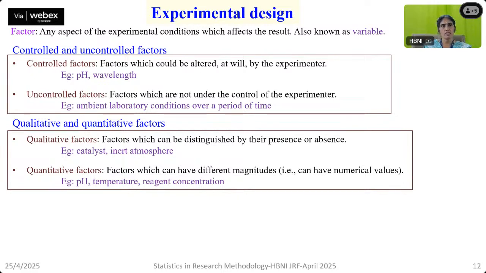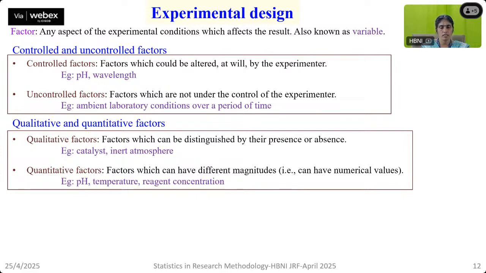Whereas for some factors, you can say that by changing the pH from 1 to 2 to 2 to 3, you expect a quantitative change in the output, which can be calculated and predicted. Then that becomes a quantitative factor. Or maybe if I do the same experiment at a higher temperature, I will get better yield.